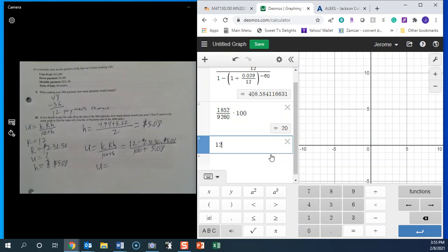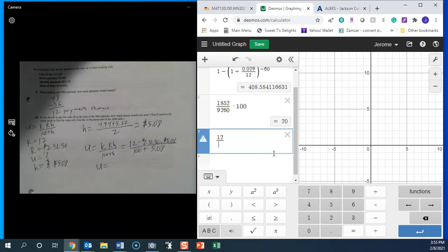We have our 12. I'll just do the division and come back up here to the numerator. And then we would do times $231.50 times the 5.08. That'll take care of our numerator.